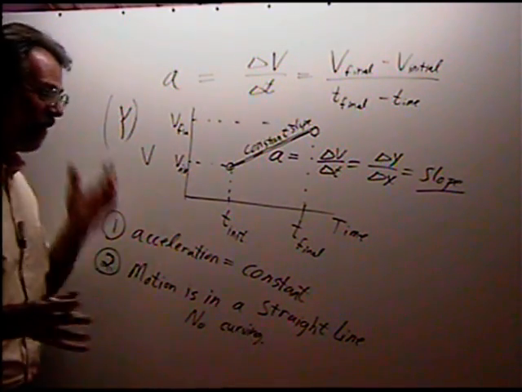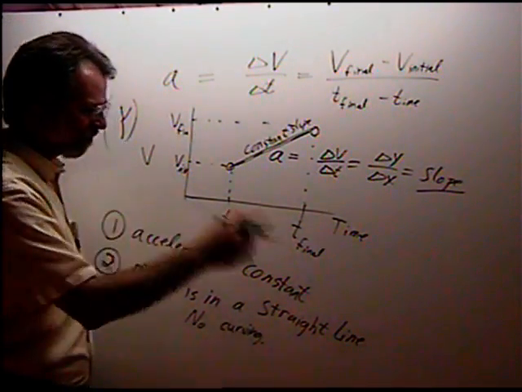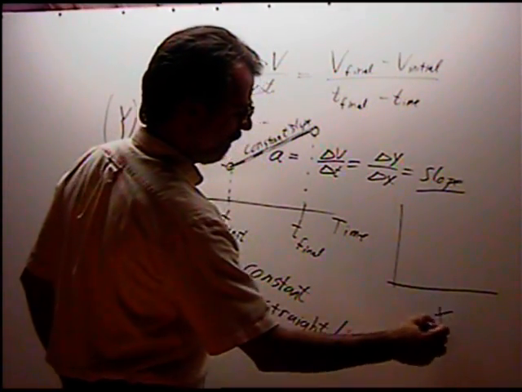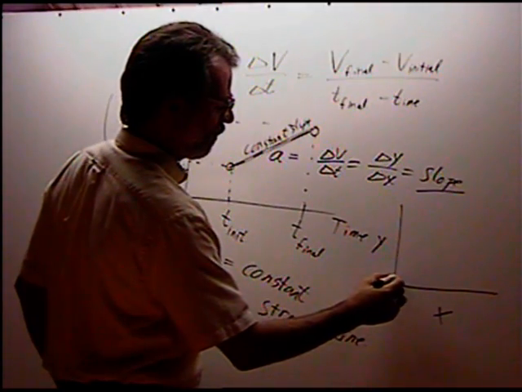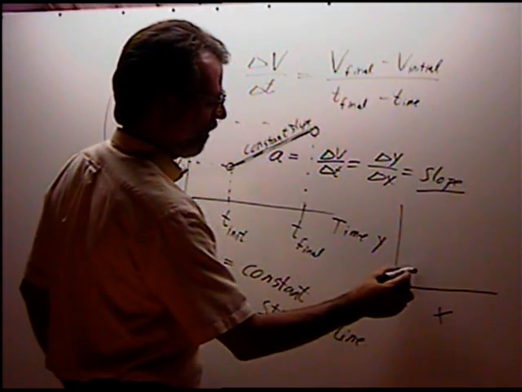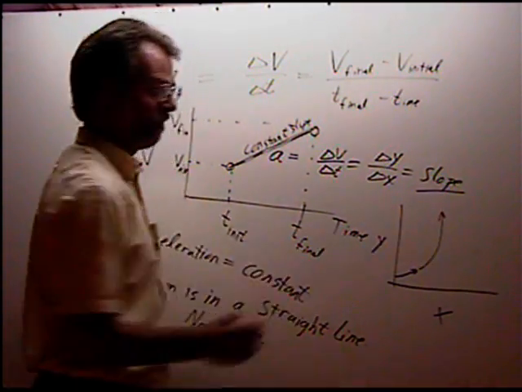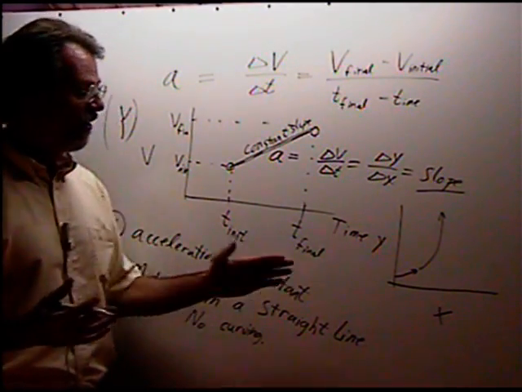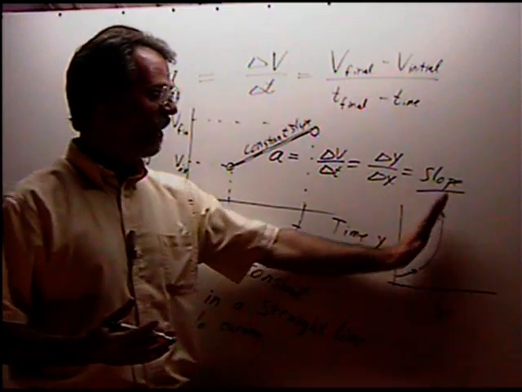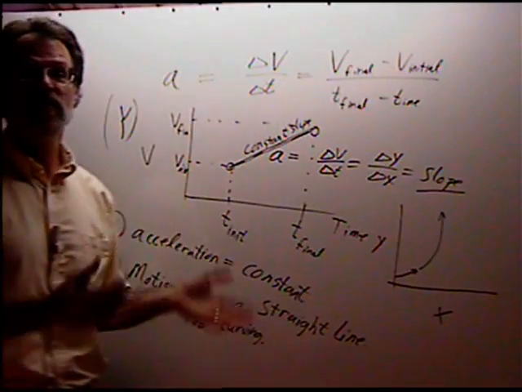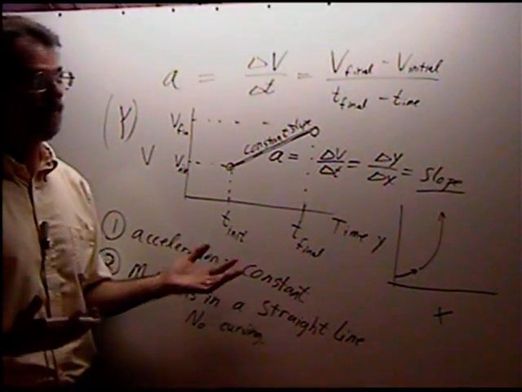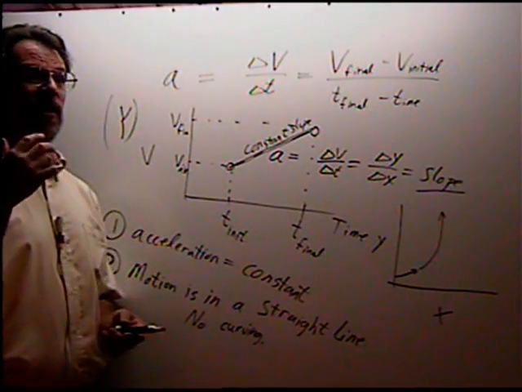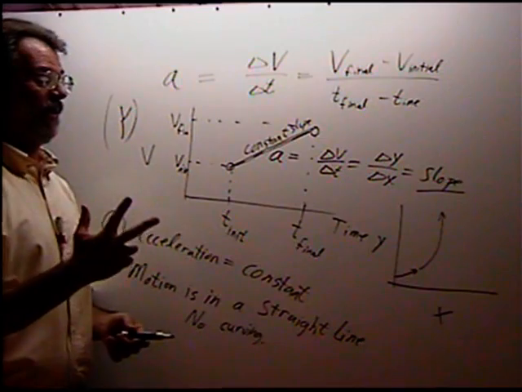Now, why would this be? Think about it this way. Suppose I draw things in x, y, and the motion starts this way, but then it curves and it goes this way. When you change direction, we're changing from one dimension into two dimensions. We'll get to two dimensions, but that's in chapters 3 and 4, so we're just not there yet.